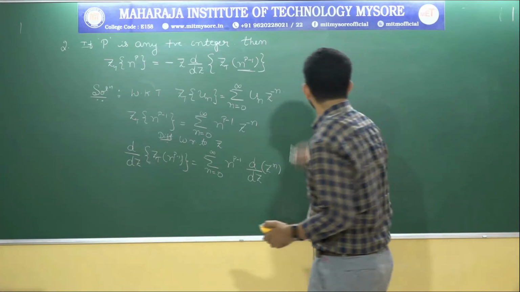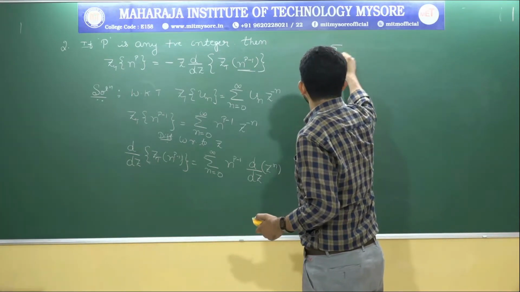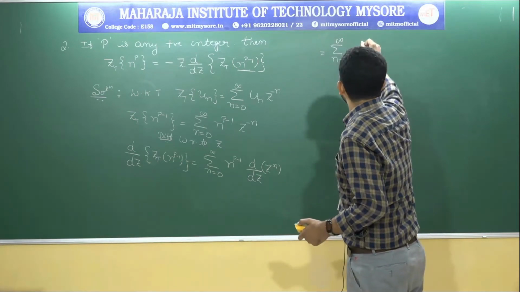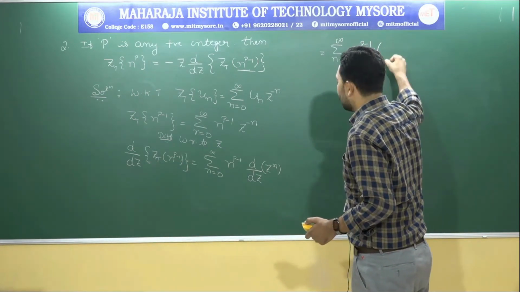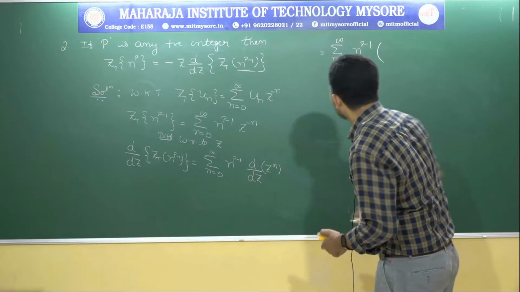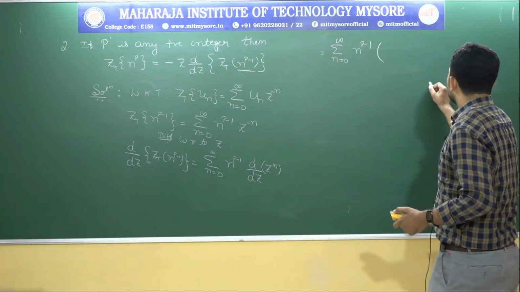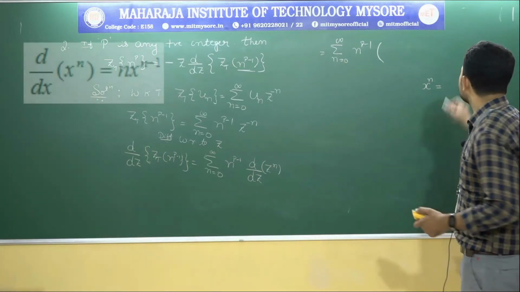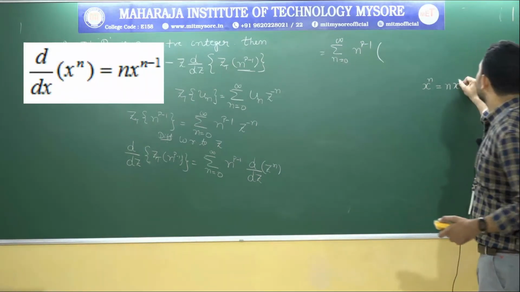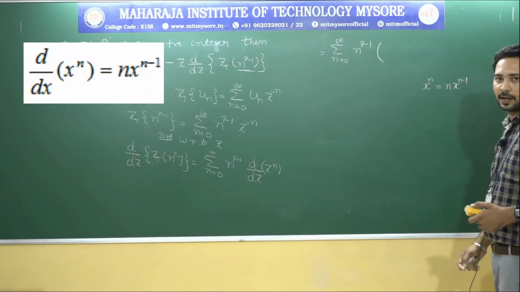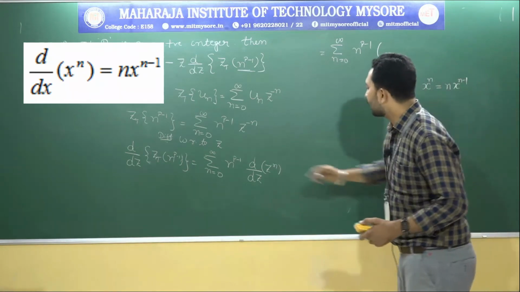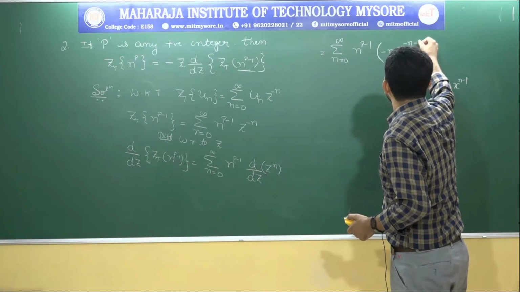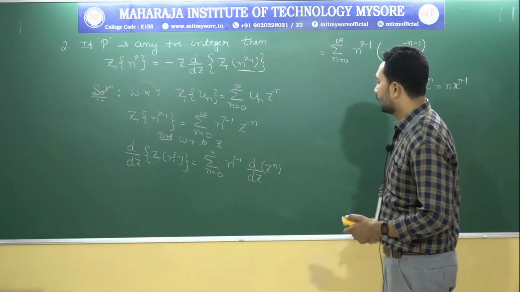Differentiate this, we'll get summation n equals 0 to infinity n power p minus 1 into differentiation of this. It is in the form of x power n. Differentiation of x power n is n into x power n minus 1. So this becomes minus n into z power minus n minus 1.